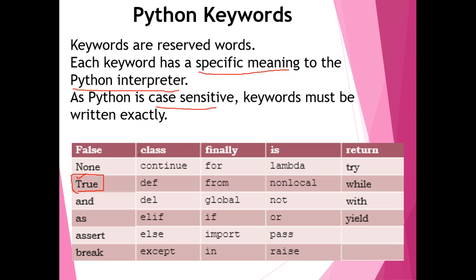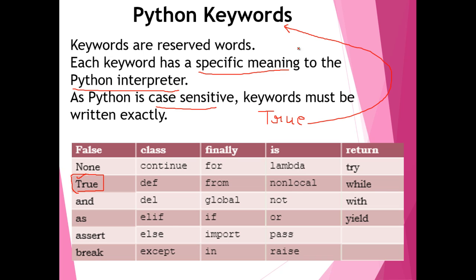So whenever we want to use this word in our program and we want the system to treat it as a keyword, we have to write it exactly in the same manner. The T must be capital and the other letters, R, U, E, must be in small letters. Only then will the system treat this word as a keyword.